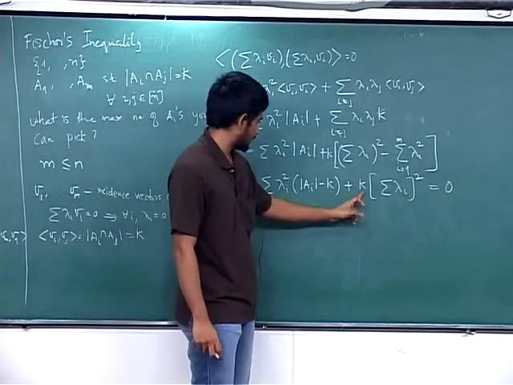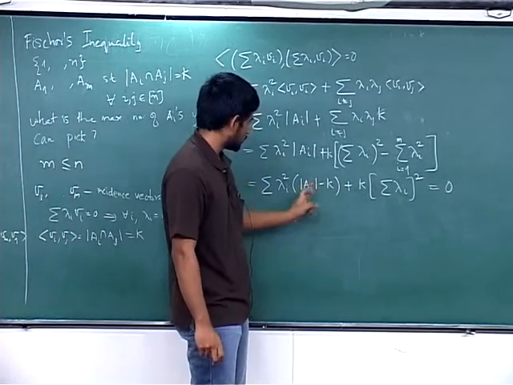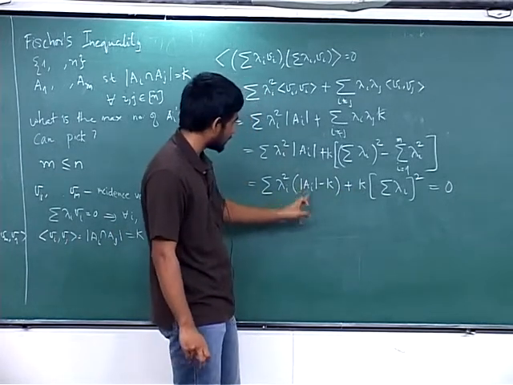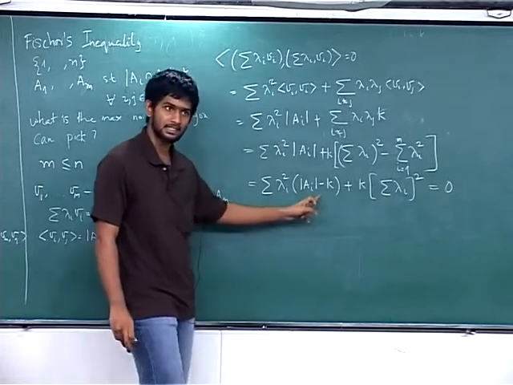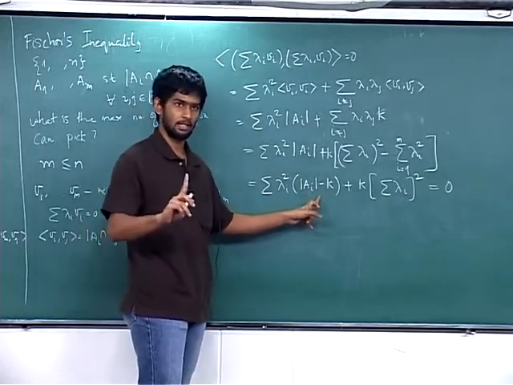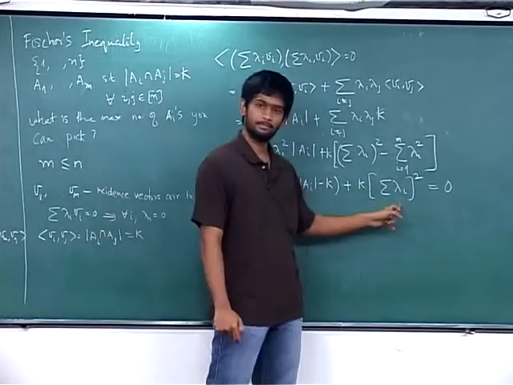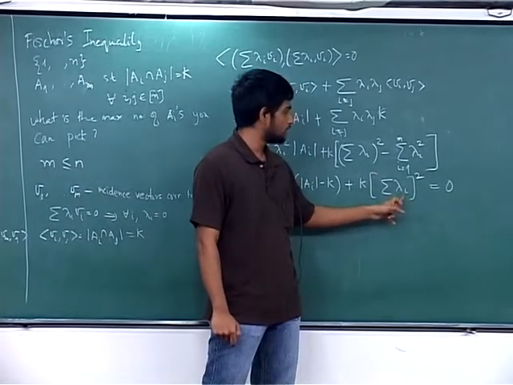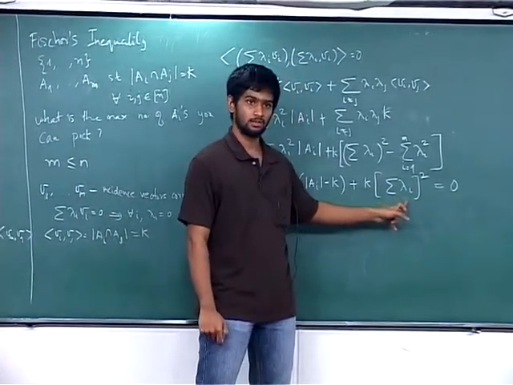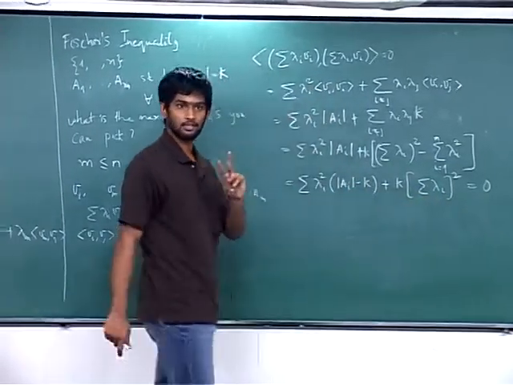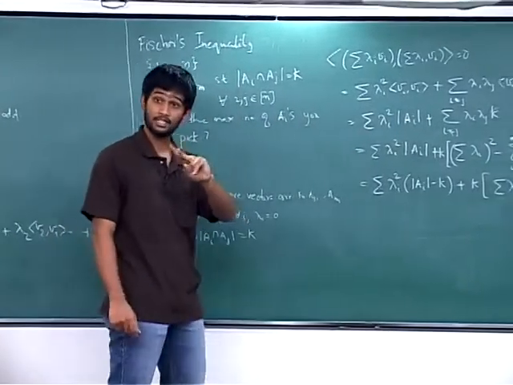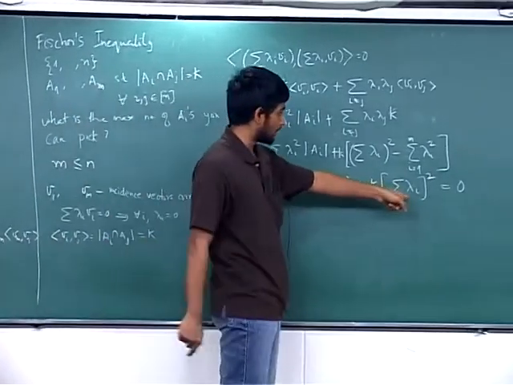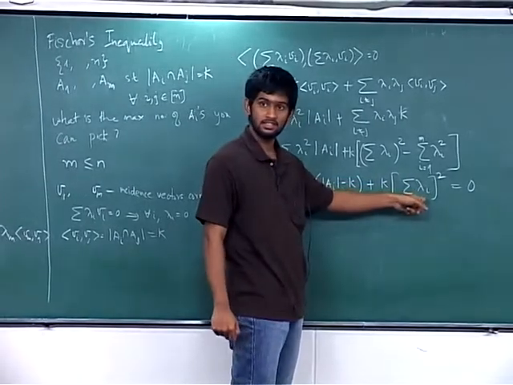So for only a particular i, this ai minus k can be 0, and at most one i it can be. And look at this sum. You need at least two lambda i's to be non-zero for this to be 0.